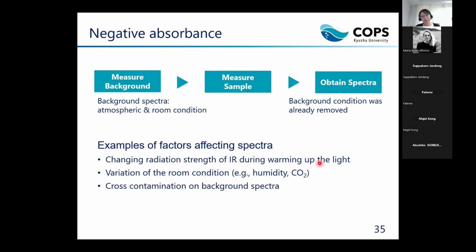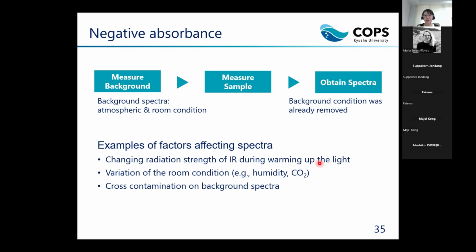To check the atmospheric room conditions, you need to check the background first. But after background measuring, and some time passed, and you get another sample spectra, perhaps the light source can change the strength of the infrared.